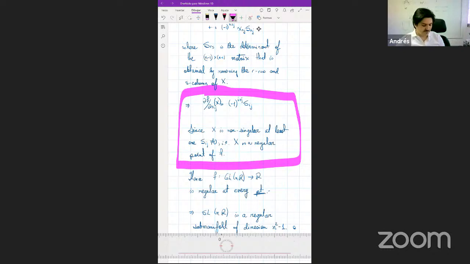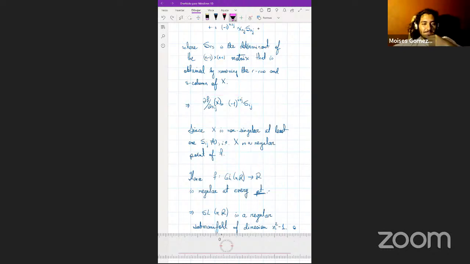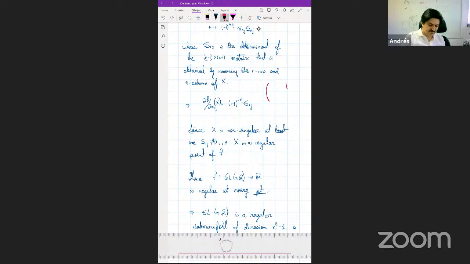Right. So let's see. You have a matrix, an n by n matrix. Then look at the set of all minors, n minus 1 by n minus 1 matrices, right?